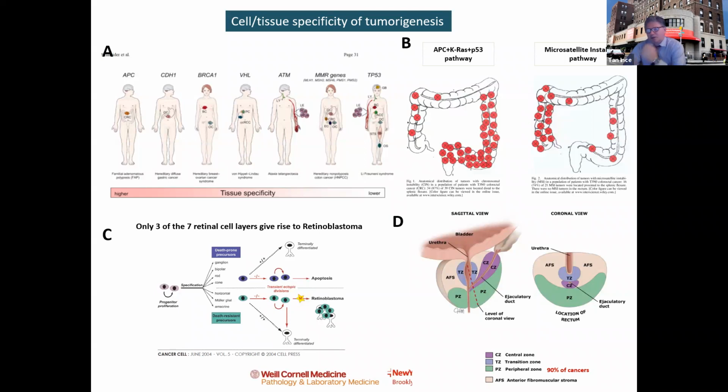So these examples should give us the confidence that different tissues, different cells are not a blank slate where genes act upon. Cells are an active participant in this cancer development story.